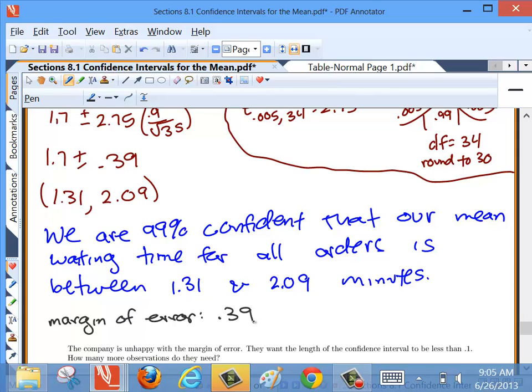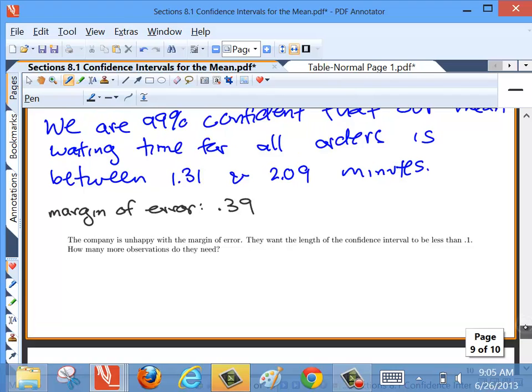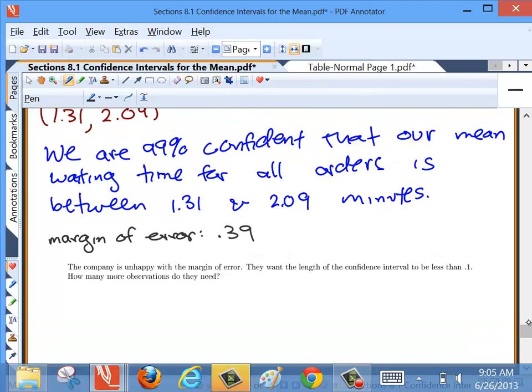Because when you're dealing with times between 1 and 2 minutes, a difference of 0.39, let's see, 23 seconds, that makes a fairly big difference. They want their margin of error to be smaller. In fact, they want the length of this confidence interval to be less than 0.1. Length. Okay, how many more observations do they need?